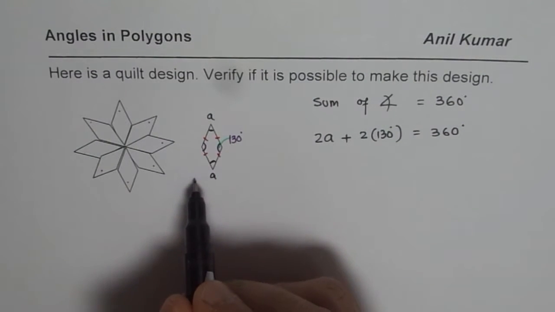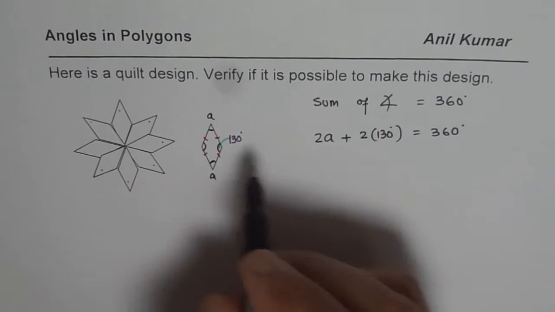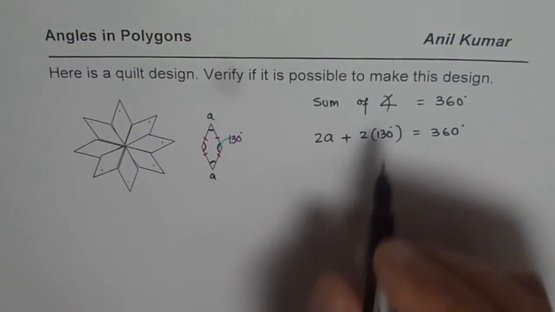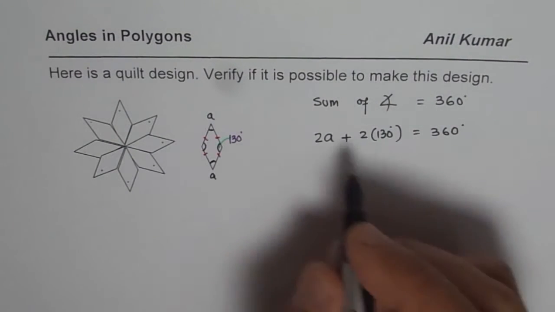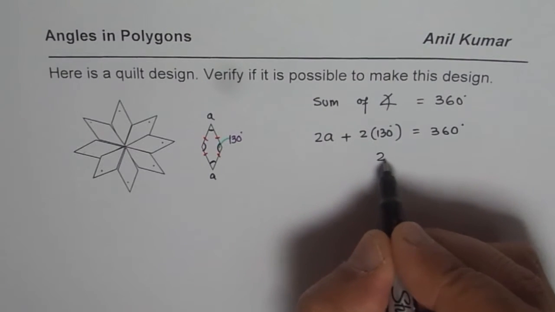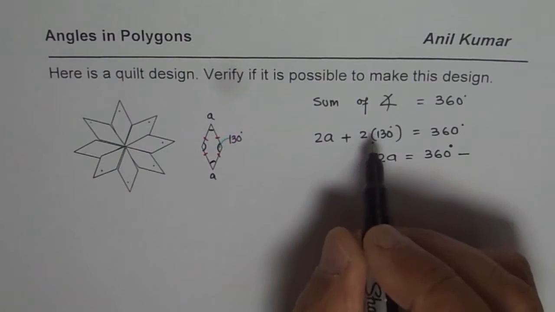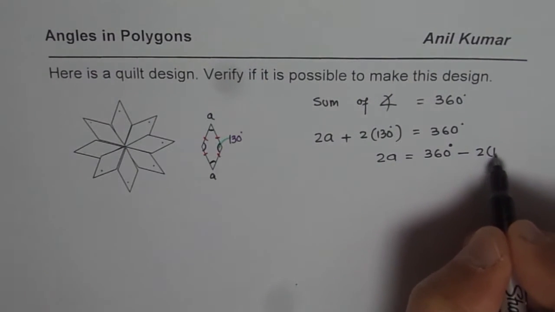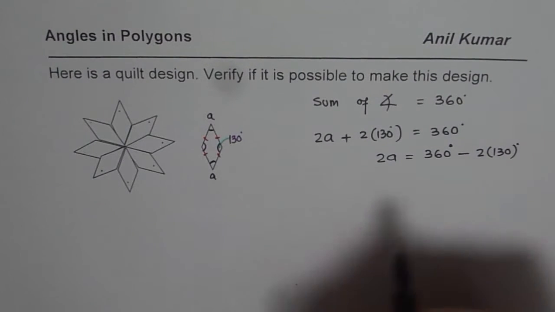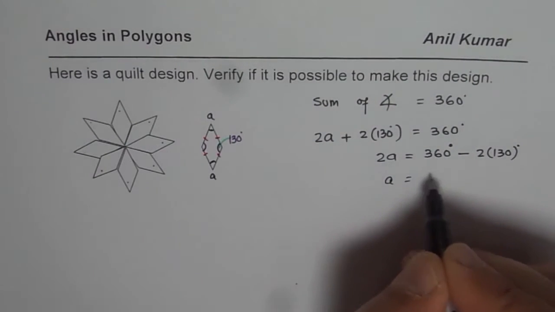2 are 130, so 2 times 130 plus 2 times A. So from here we can solve for angle A. So we have 2 times A equals 360 degrees minus 2 times 130 degrees, right? So A is equal to half of this.